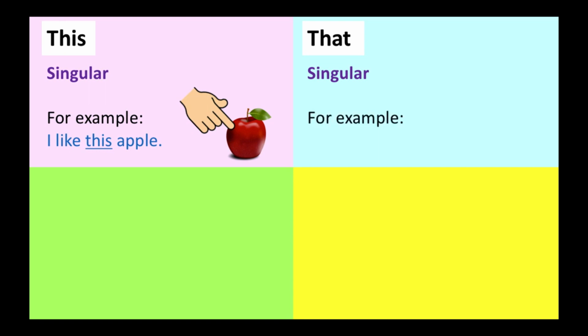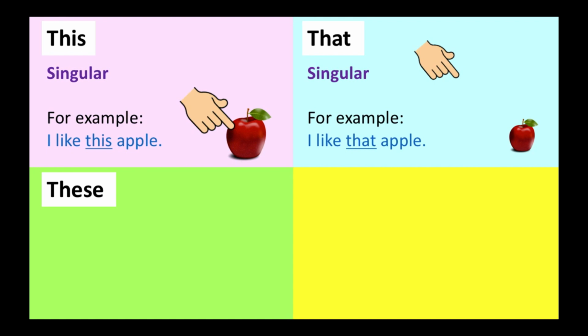For example, I like that apple. It means the apple is not near us, it's far away from us, but it's single. We said this and that are singular. We use this and that for only one person, animal, or any other object.